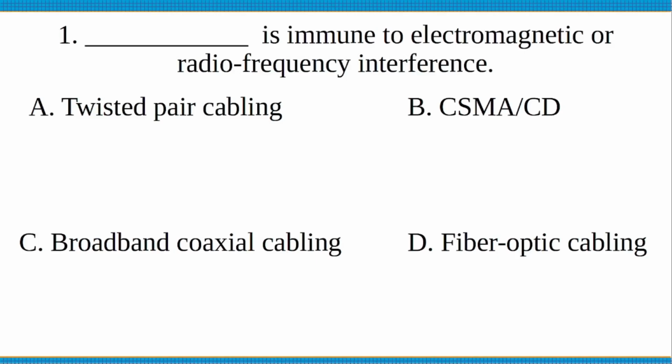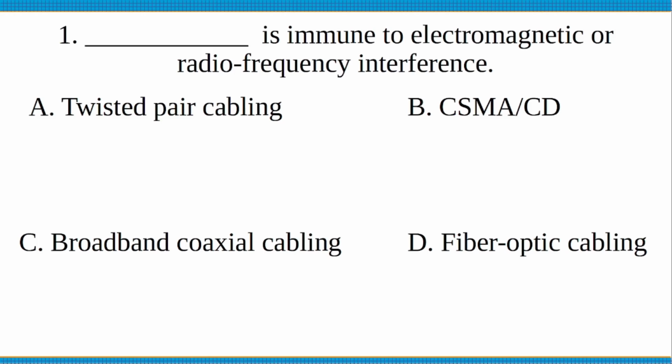Alright, number 1 says blank is immune to electromagnetic or radio frequency interference. A. Twisted pair cabling. B. CSMA/CD. C. Broadband coaxial cabling. D. Fiber optic cabling.